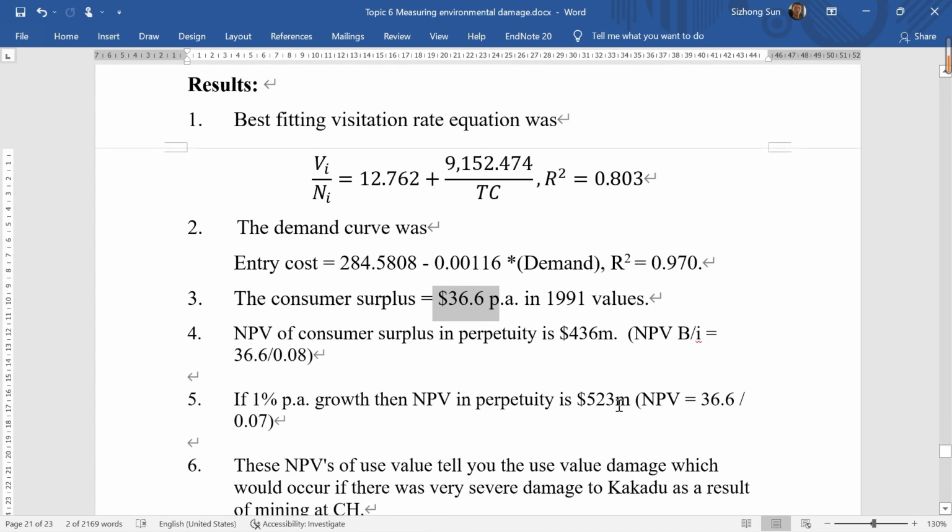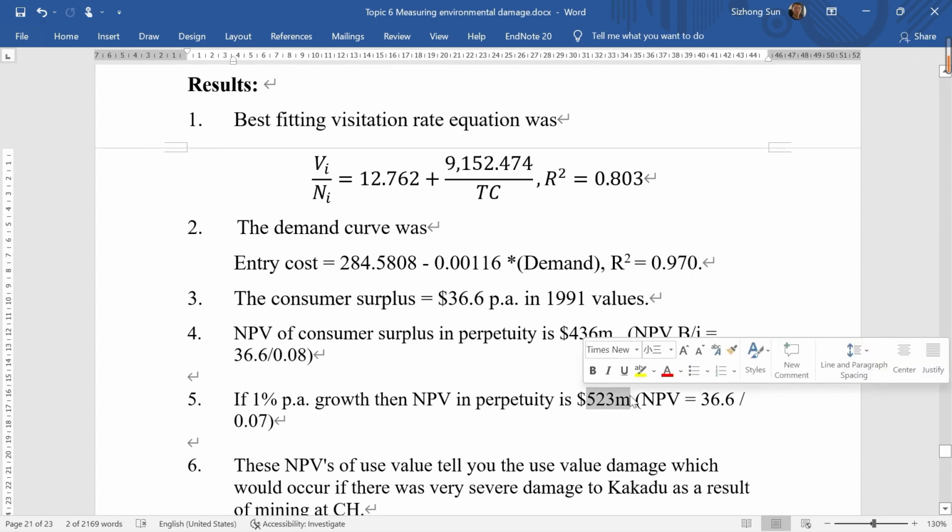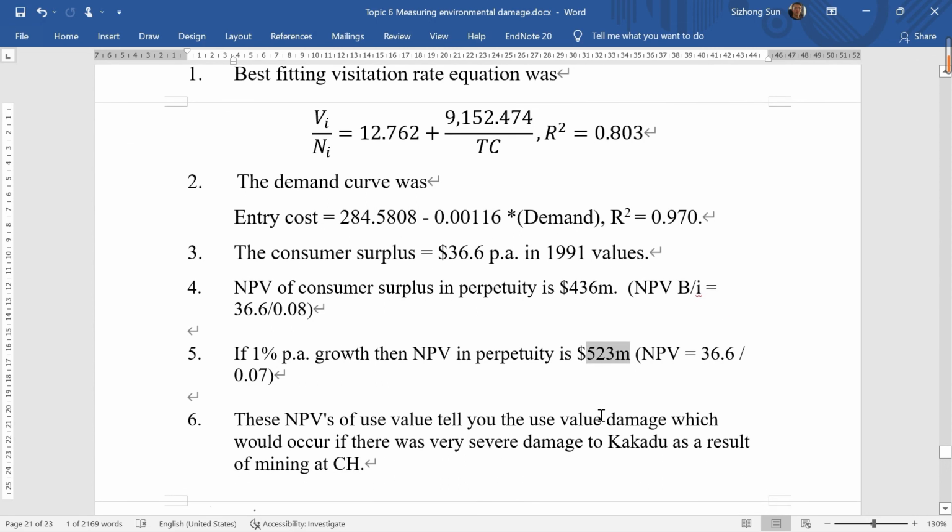If there's 1% growth, then the growing perpetuity would be 523 million. These NPVs of use value tell you the use value damage which will occur if there was very severe damage to Kakadu as a result of mining at Coronation Hill.